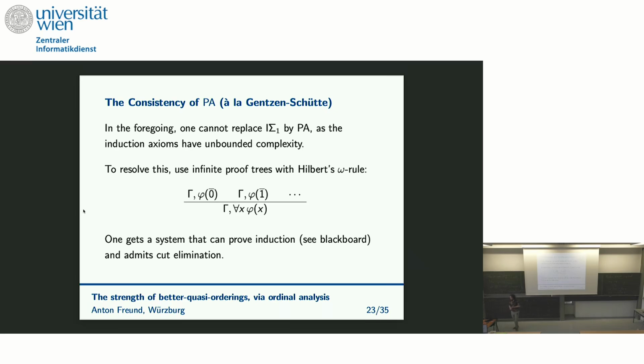So proofs are now infinite, and of course you cannot write them down in practice, but they are still a very useful tool for mathematical investigations.